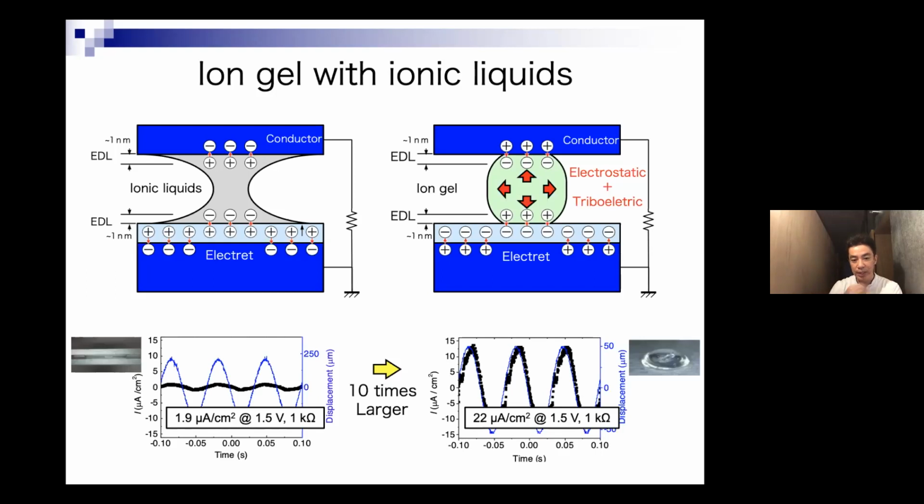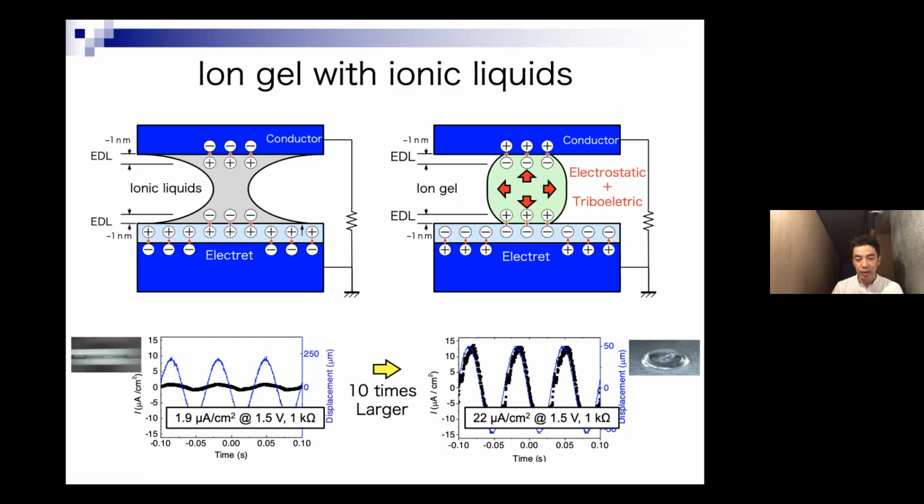In the beginning, this blue line is the position of the electrode. But we can only create a small energy because we can only modify the surface area slightly. Using this ion gel, we can enhance the change of the surface area, and so we can create higher energy.